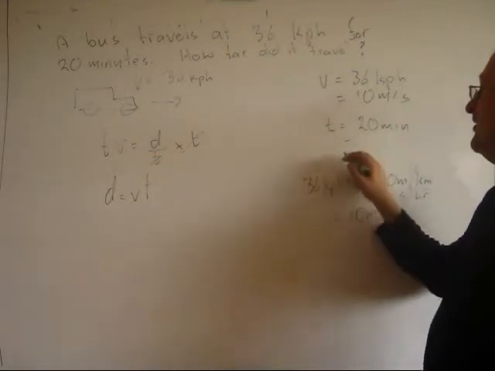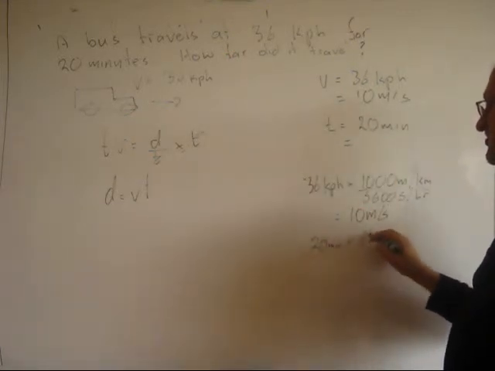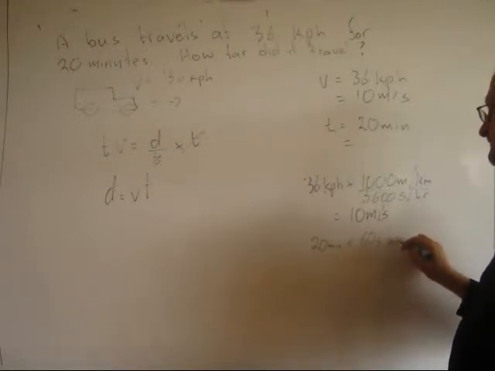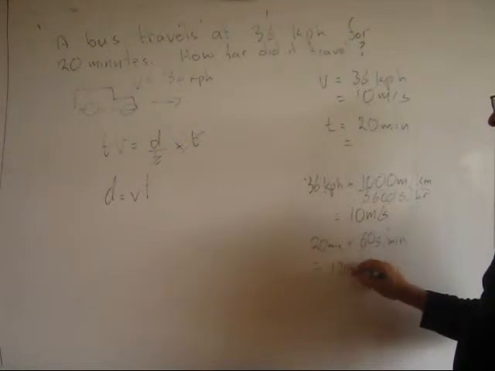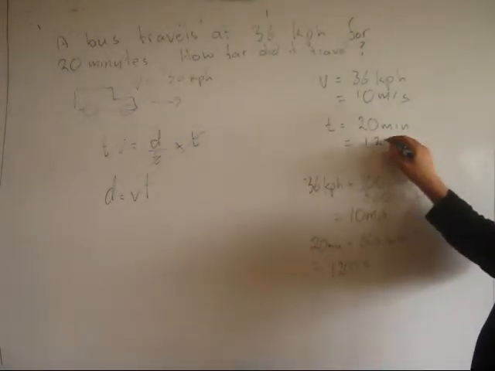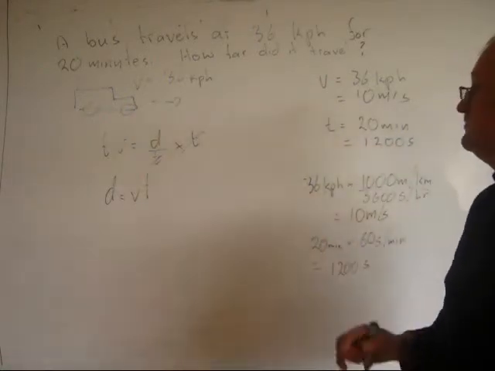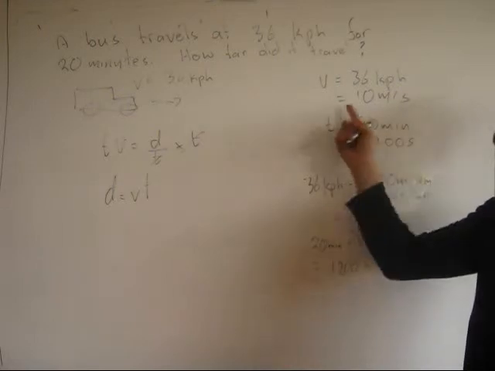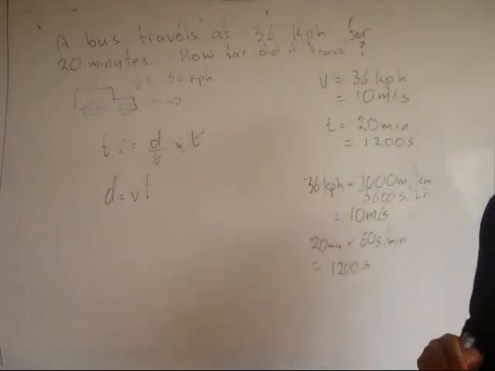Okay, what we know: velocity is equal to 10 metres per second. Time is equal to 20 minutes. So again, 20 minutes times 60 seconds per minute equals 1,200 seconds. Now that we've got these in the base units, seconds and metres per second, we can work it out.